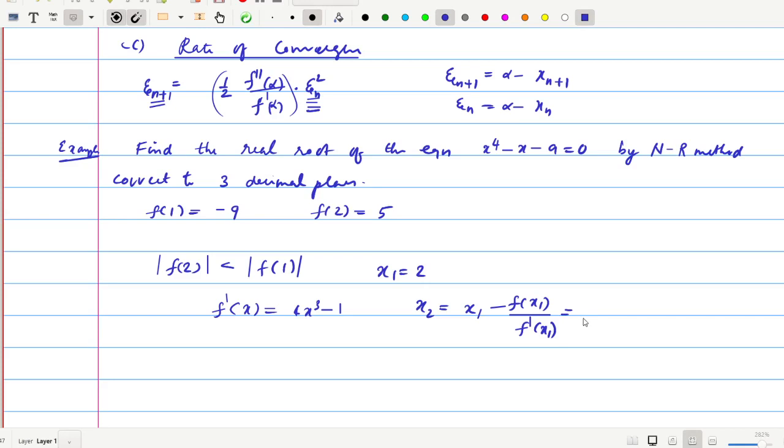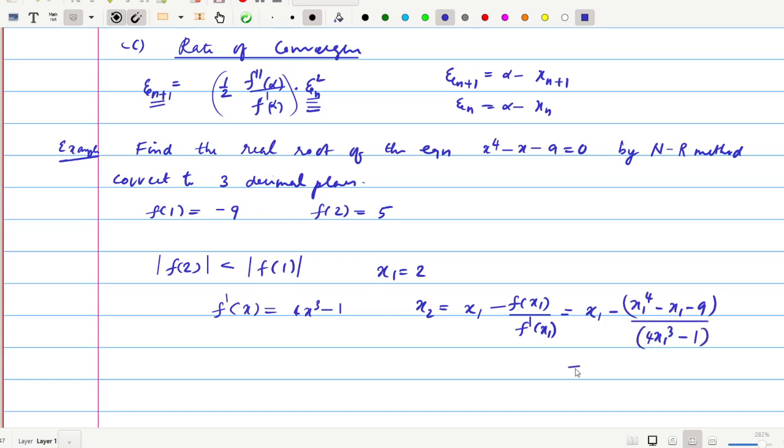So x2 is equal to x1 minus f of x1, which is obtained from x1 raised to 4 minus x1 minus 9, divided by f dash x1, that is 4 times x1 cube minus 1.